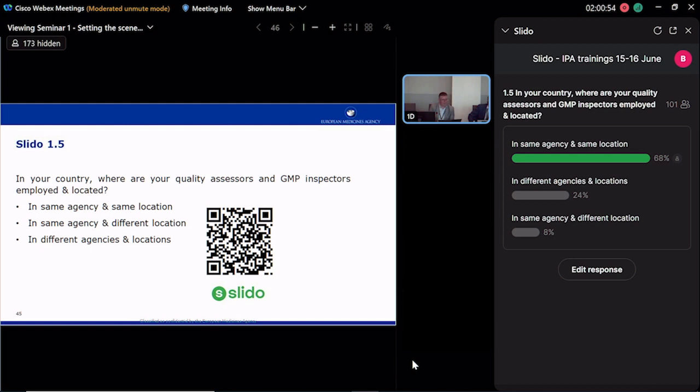Those interactions happen quite organically, and you can pick up the phone, you can walk to someone's desk, you can connect via Teams, etc. Where it becomes more challenging is where you're located in different agencies or different locations, and there you really need to work to put structures in place to facilitate the communication and the collaboration between assessors and inspectors. So next slide, please.